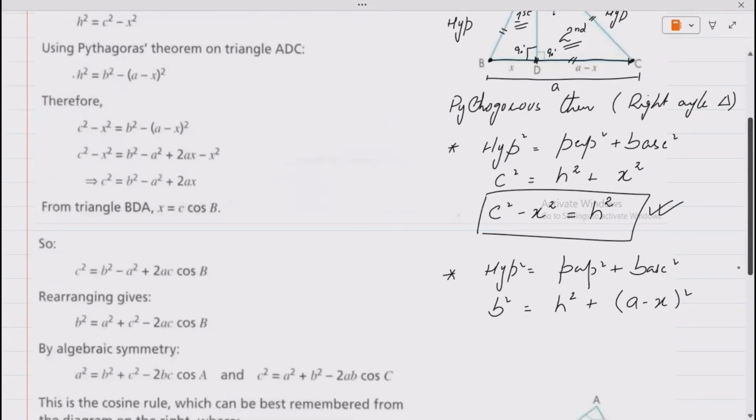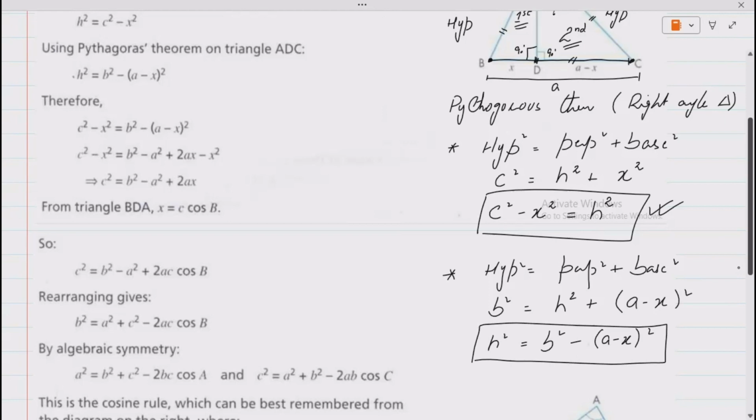Okay, so it means that actually what we have now is h square, as it is, take it here and take this side from here, so it becomes b square minus (a minus x) square.